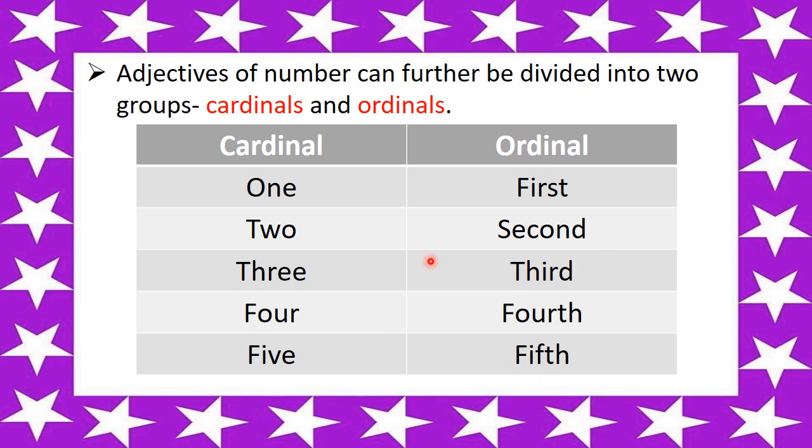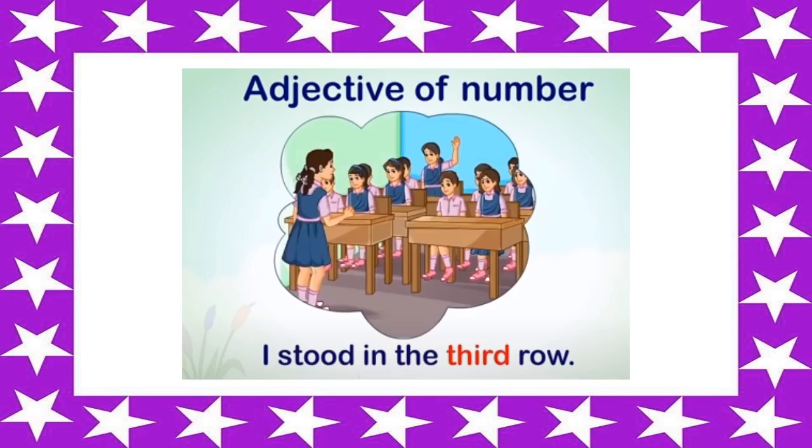So students, all cardinal and ordinal numbers are adjectives. For example, I stood in the third row. So students, here third is an adjective of number.